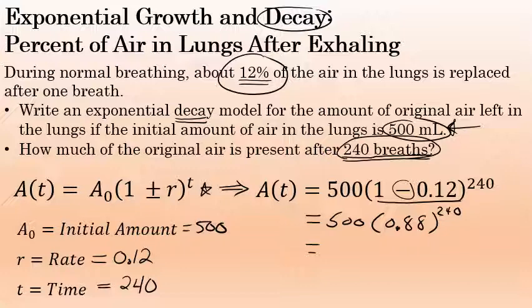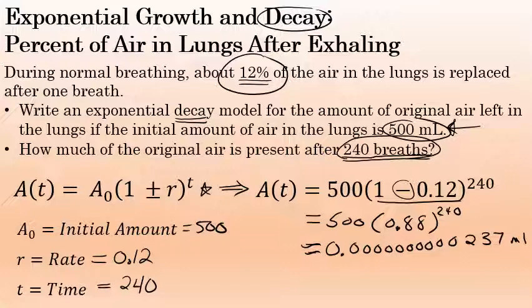So we're going to get a number very close to 0. 500 times 0.88 to the 240th power is 0.10 zeros, followed by a 2, 3, 7 milliliters, and this is approximate. I've rounded this off actually to 13 decimal places.